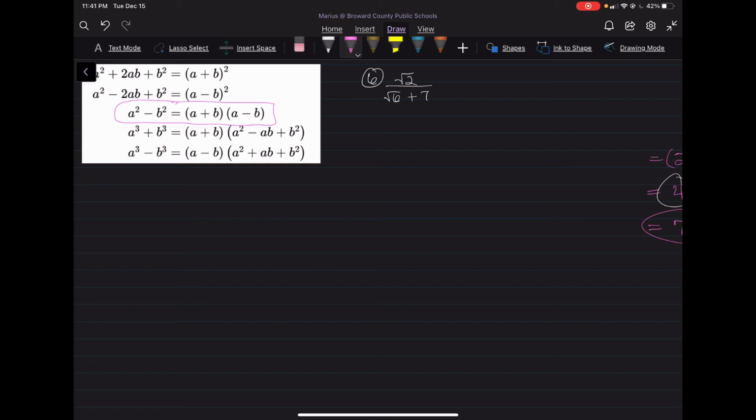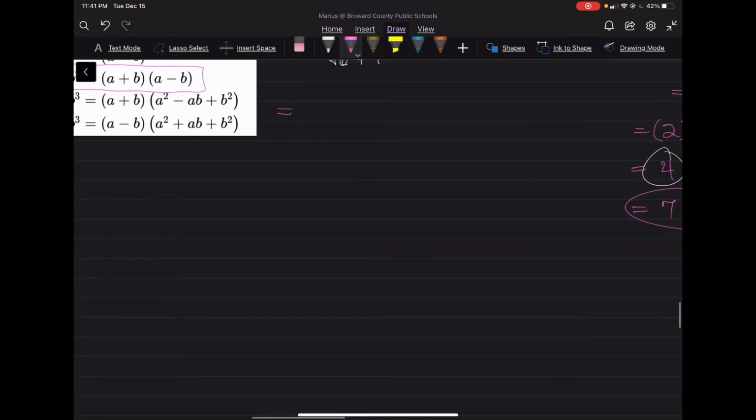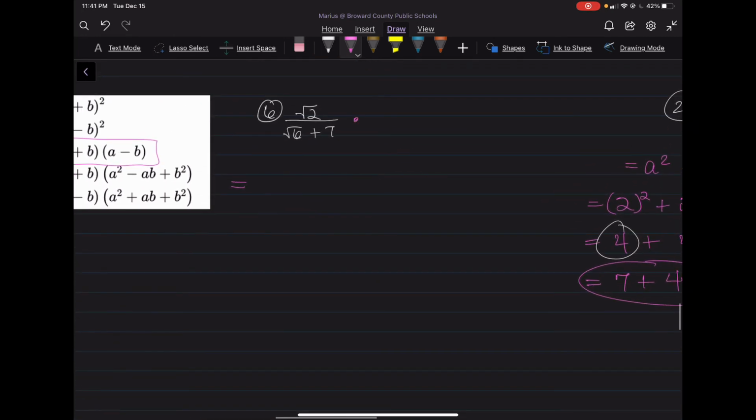Now, when you simplify radicals, you're not allowed to have a radical in your denominator. So to get rid of the radical in the denominator, we're going to multiply the top and the bottom by the group of the square root of 6 minus 7.